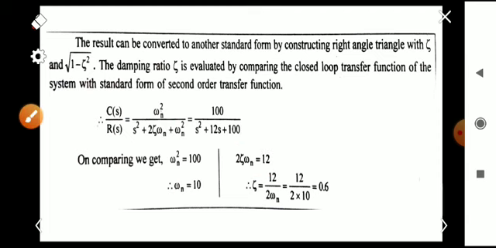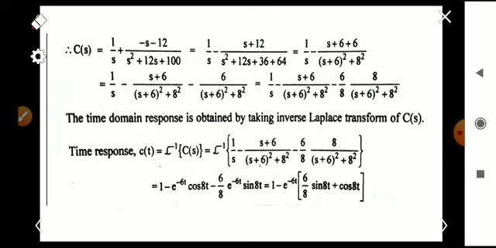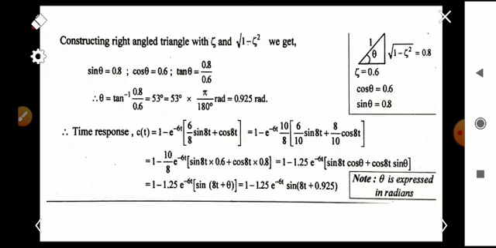Why are we obtaining this? Because we have to convert this equation into another, much simpler form. We know that by using a right angle triangle having sides theta, root of 1 minus theta square, and 1, we can simply replace the terms with cos theta and sin theta.